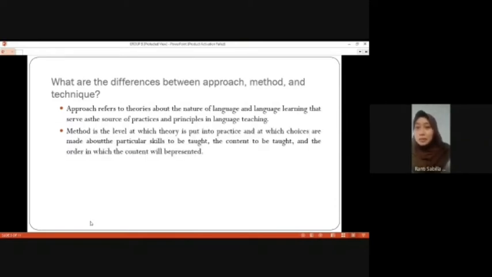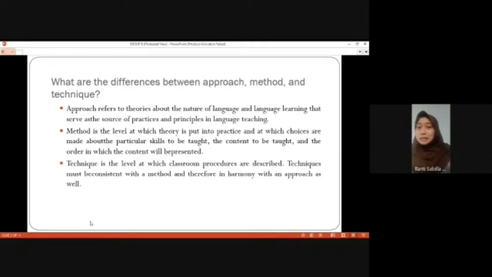And then method is the level at which theory is put into practice and at which choices are made about the particular skill to be taught, the content to be taught, and the order in which the content will be presented. And next, technique is the level at which classroom procedures are described. Techniques must be consistent with a method and therefore in harmony with an approach as well.